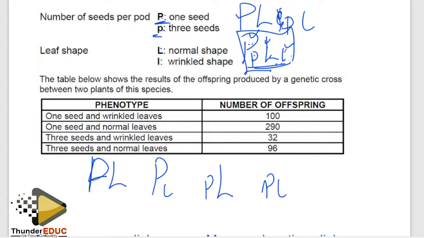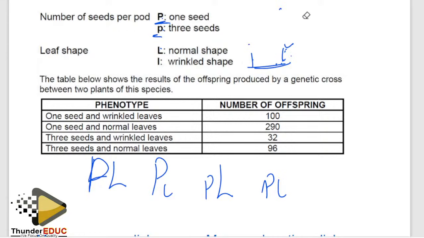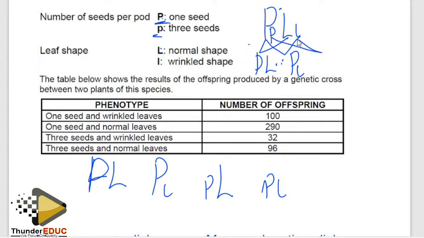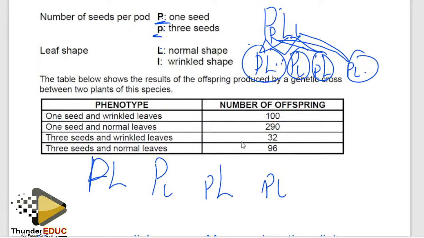Sometimes people do not do a cross, but what they do is this: capital P, small p, capital L, small l. So they cross this with this, capital P, capital L. They cross this again with this, capital P, small l. Then they cross this with this, small p, capital L. And then this with that, it becomes small p, small l. See, they form the same gametes. You understand? So at least you have done it.